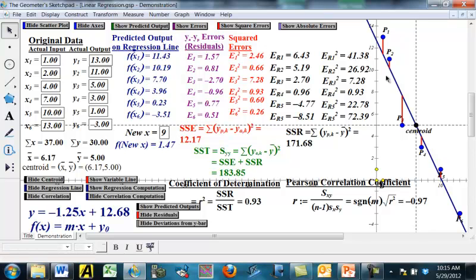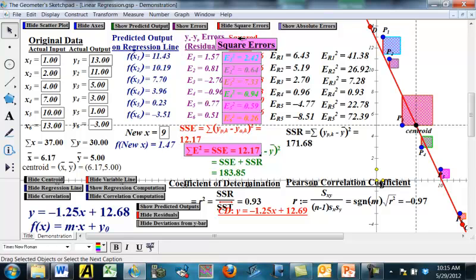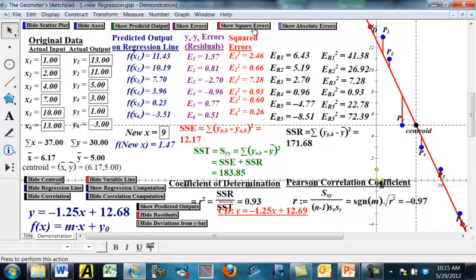I haven't drawn those out as squares, but as we saw before, that will give us our squared errors. Now, we sum those up. That's our SSE, which is 12.17. And again, no matter which line we pick, it's going to have a larger SSE than that, except for this line right here. This is the one with the smallest SSE.